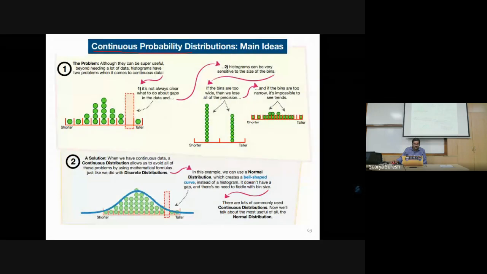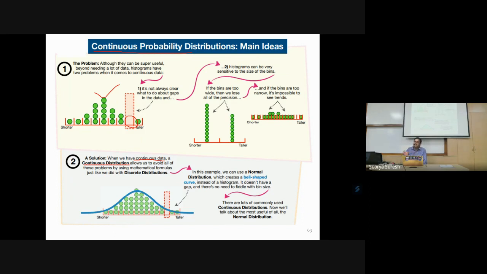The histogram has some problem, that is, it misses out on data. So when we have continuous data, we need a continuous distribution. For discrete values, I can use either the binomial distribution or the Poisson distribution.